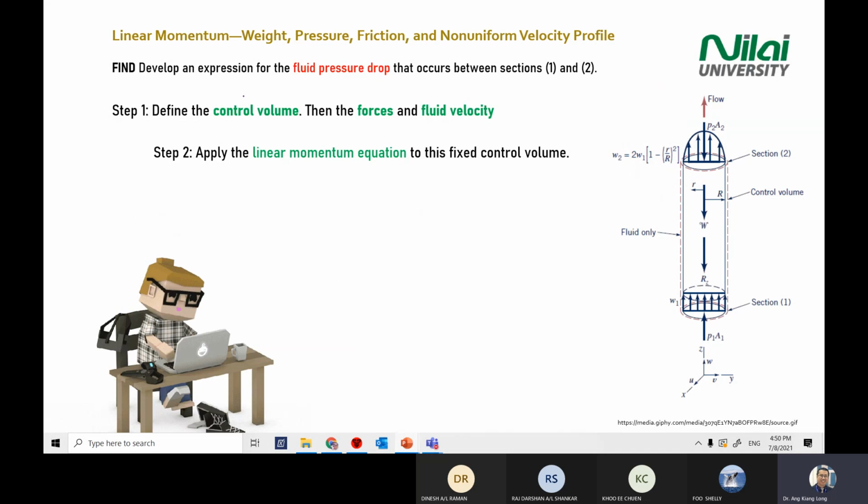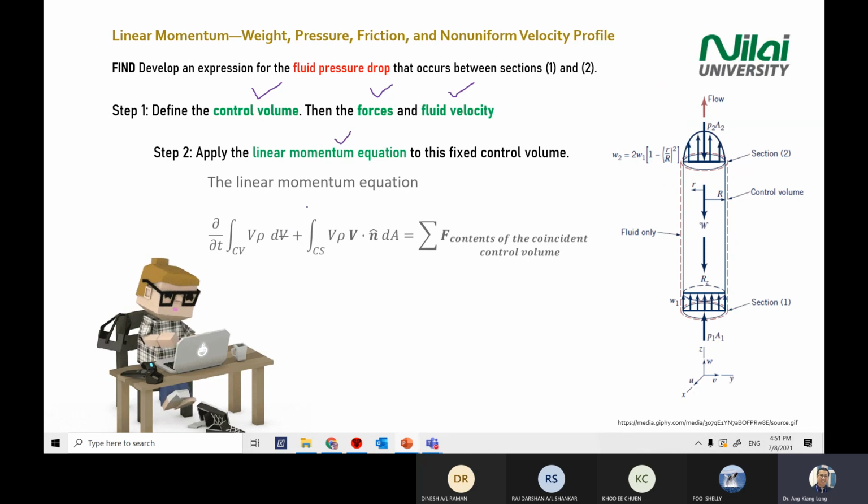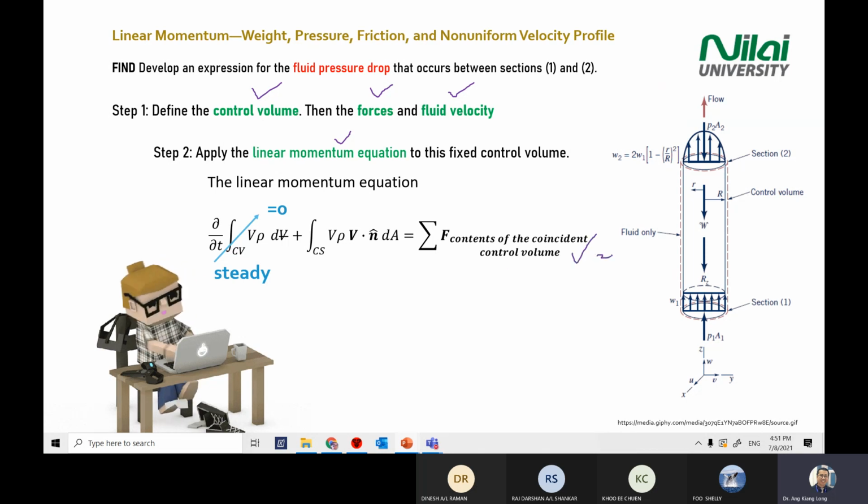We have done explaining about the control volume, the forces, and the velocity. The next is just application of your linear momentum equation, so I don't need to explain any more on this equation. As usual, you add this arrow, write 0 for steady, and straight away you get 2 marks for this effort.